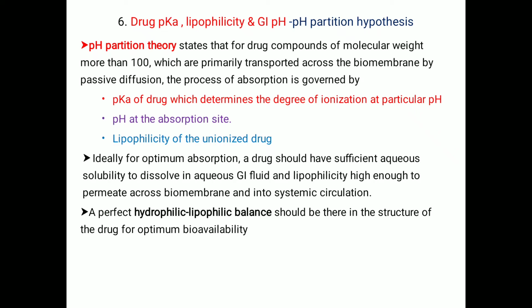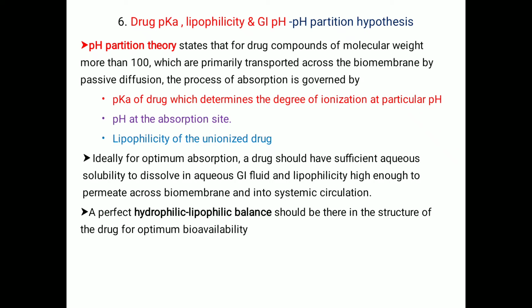This means, according to the pH partition hypothesis, the process of passive diffusion or drug absorption is mainly governed by three factors. First, the pKa of the drug, then the pH at the absorption site, and the lipophilicity of the unionized drug.